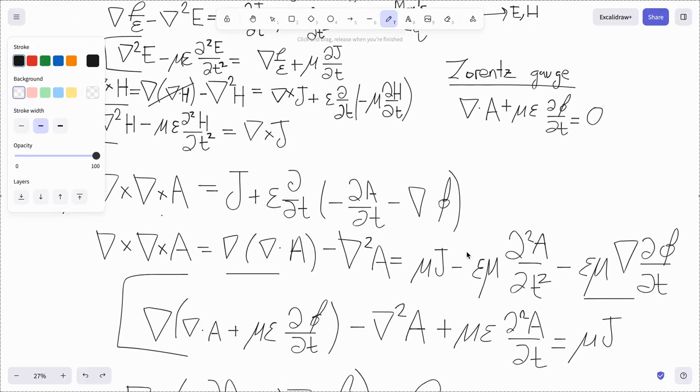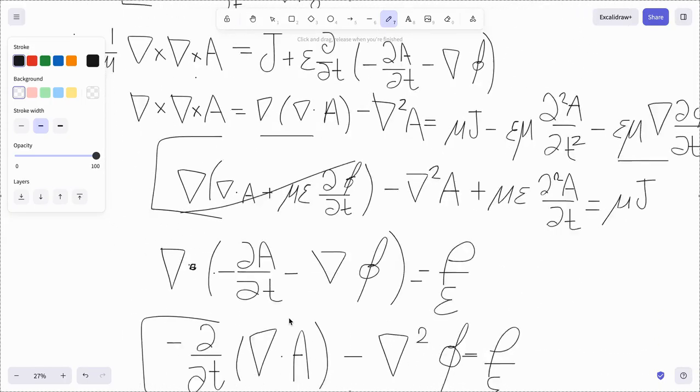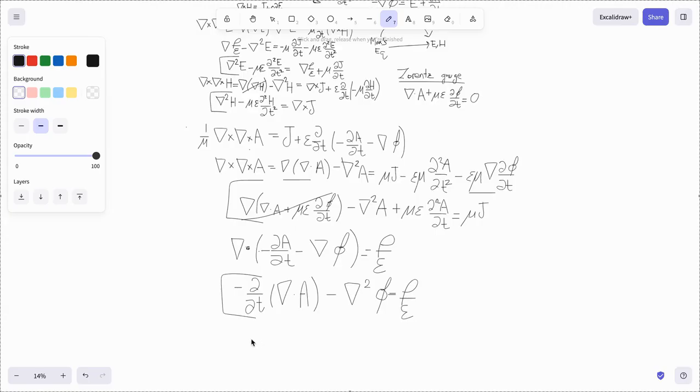It completely cancels this out, since the gradient of 0 equals 0, and then we can rewrite this, skipping some steps, as the Laplacian of phi minus partial squared phi over partial t squared equals minus rho over epsilon.